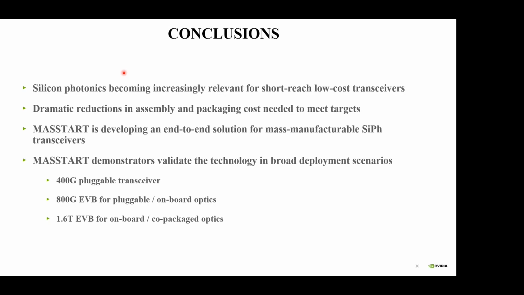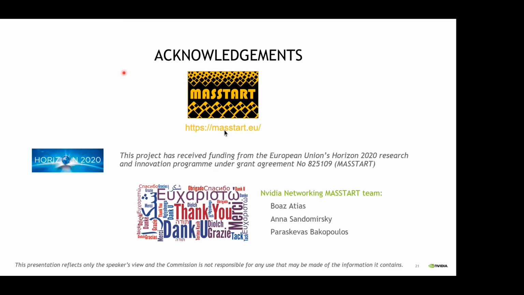Basically, those demonstrators currently will run from the 400G pluggable transceiver into the 800G onboard optics, and into the 1.6 tera platform, that will evolve eventually into co-packaging. I think that's it. I think this is on time.